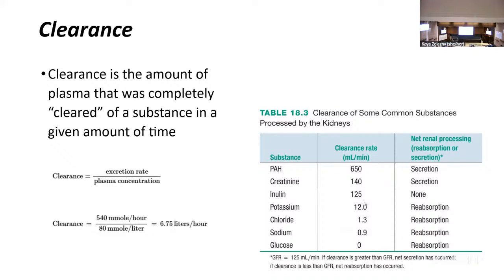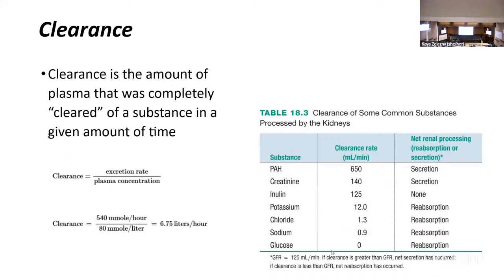So here's the clearance rate of some molecules that are relevant to kidney function. We've got the PAH, that was our example. This is something they'll often give you to help test kidney function: creatinine, inulin, potassium chloride, sodium, and glucose. Okay, cool.